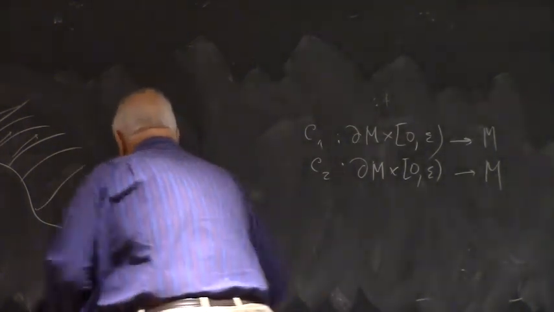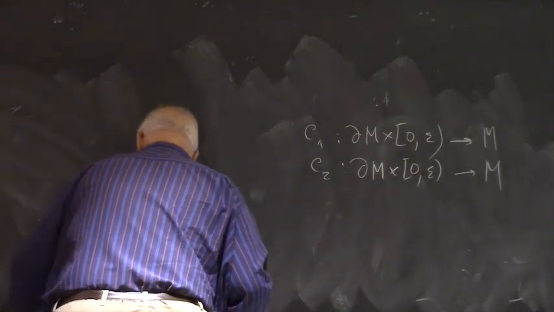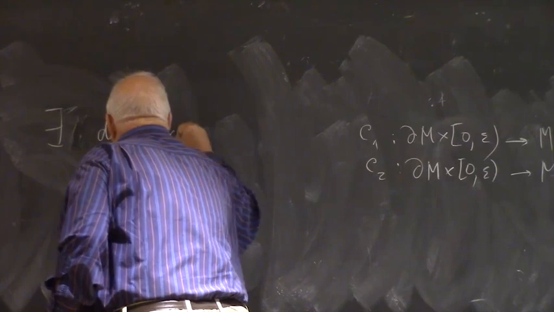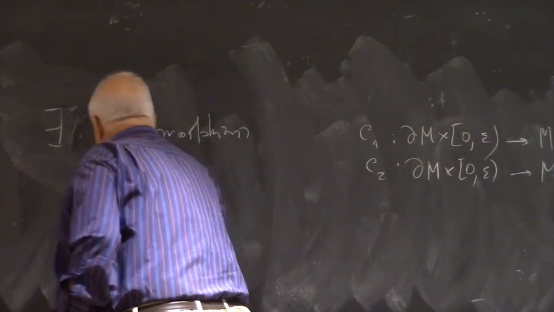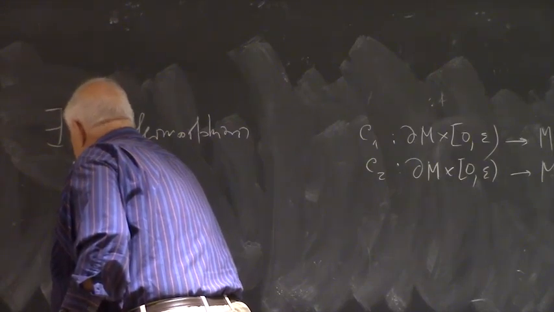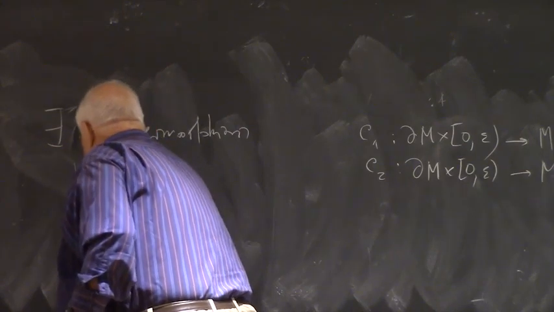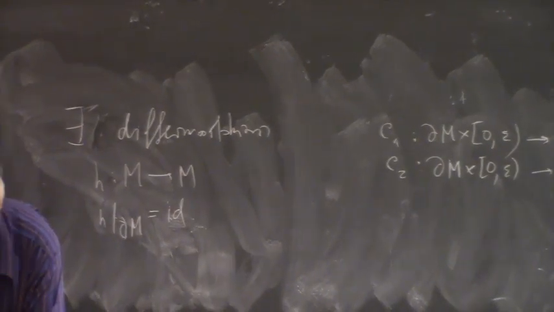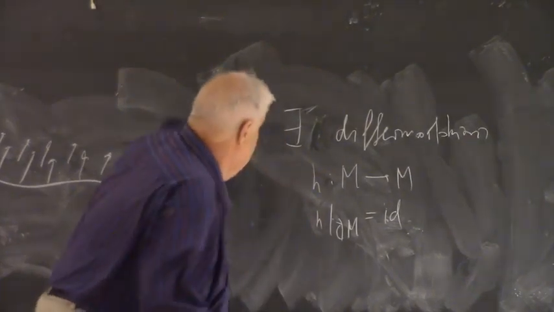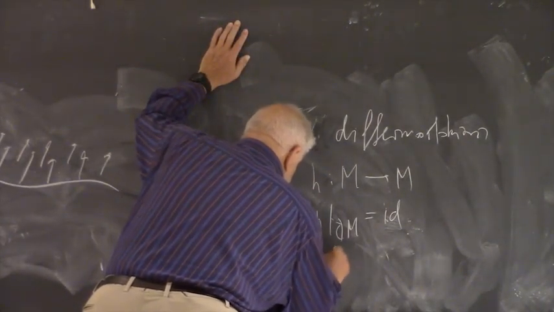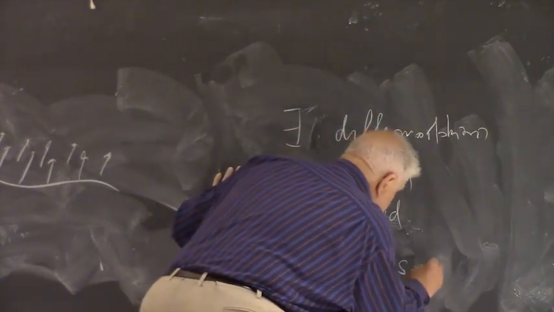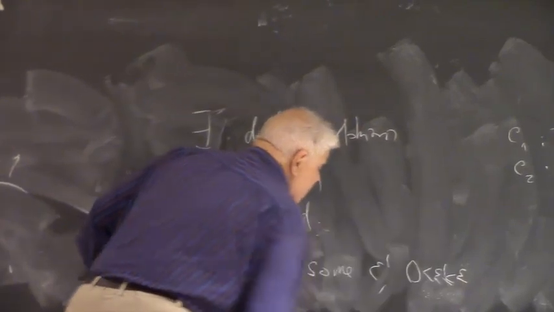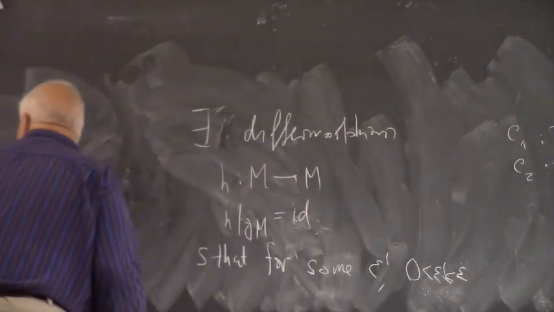Then my statement is that there exists a diffeomorphism, let me denote this somehow, say H, of M into M, which is the identity on the boundary, such that for some epsilon prime between 0 and epsilon, this map takes one collar into the other collar.